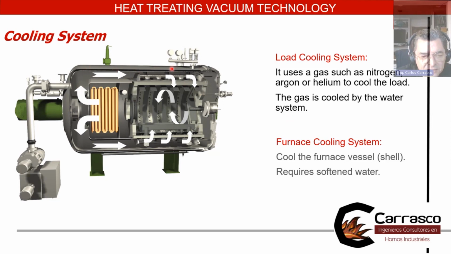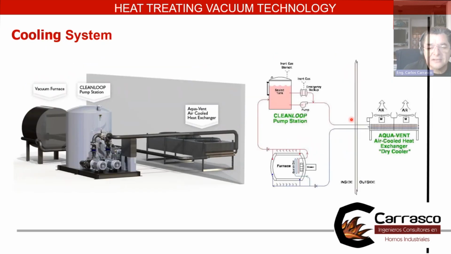This line is a water jacket. The furnace is cooled by water with this jacket, and it also requires softened water. Outside the furnace, this is my furnace, and this is the heat exchanger I was showing you. So I have a completely sealed tank and a cooling system that goes to it.